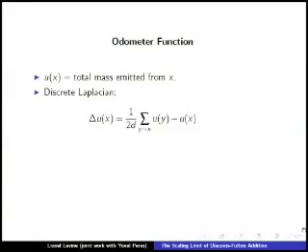And the key property of this function is, if you look at its discrete Laplacian, the discrete Laplacian of a function at a site x is defined as the average value of the function at the neighbors of x minus the value at x.